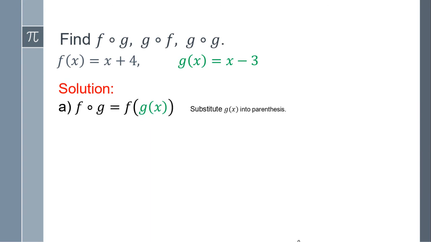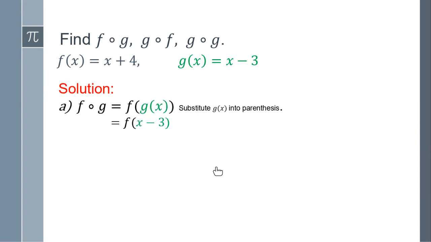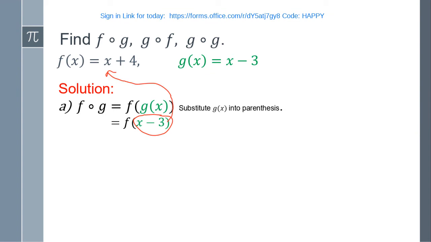Okay, and so the first thing to do is substitute what g of x is. So g of x, they tell us, is x minus 3. So we would put it into the parentheses. And then remember that whatever is in the parentheses, you're going to substitute in for the x of that function. So we're going to put it in for the function f, because it's identifying that it's for the function f.